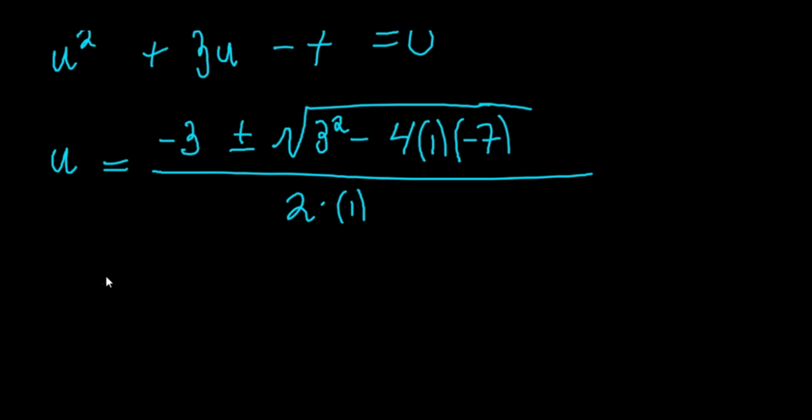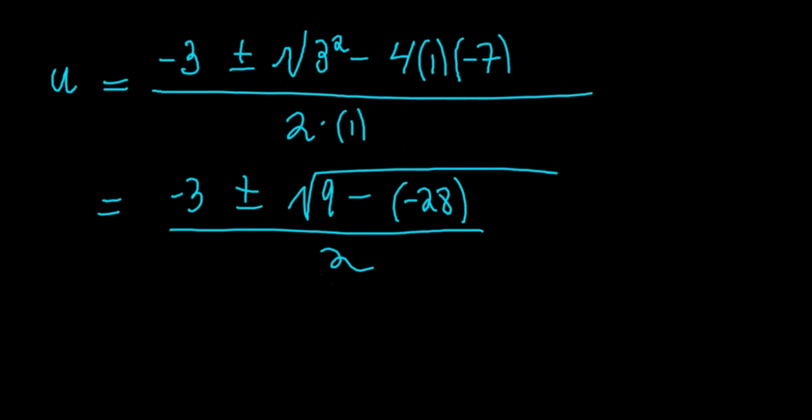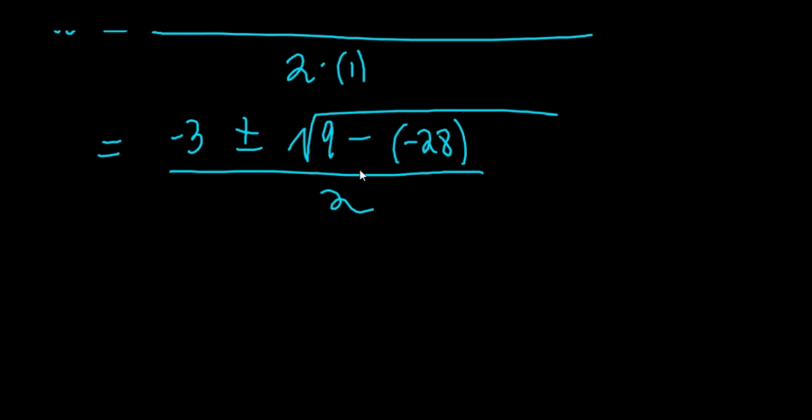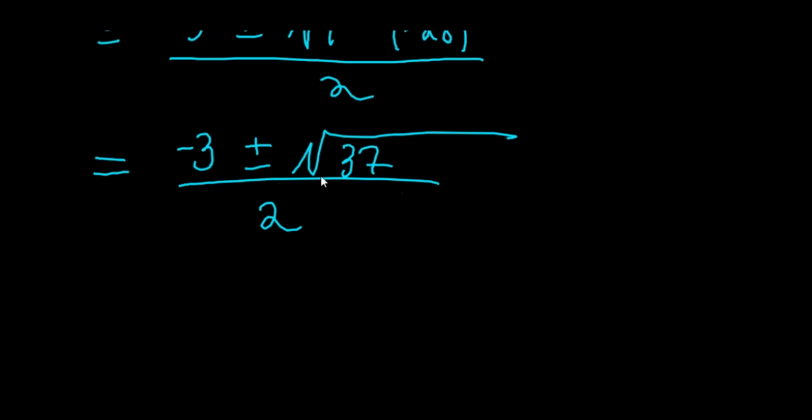And if we simplify this, this is going to be equal to negative 3 plus or minus the square root of 9 minus negative 28, all over 2. And 9 minus negative 28, a minus of a minus is a plus. You can think of it like that. Negative 3 plus or minus the square root of 9 plus 28, which is 37, square root of 37, all over 2. And this is as simplified as we can get it.